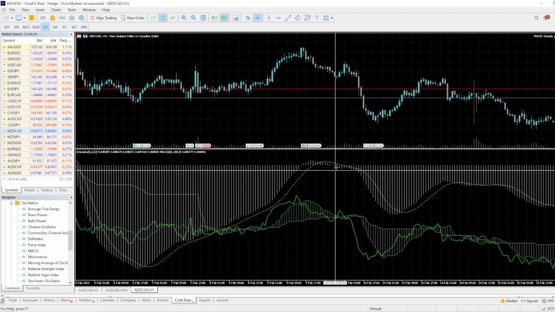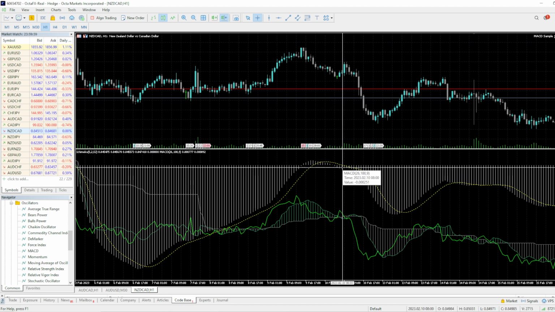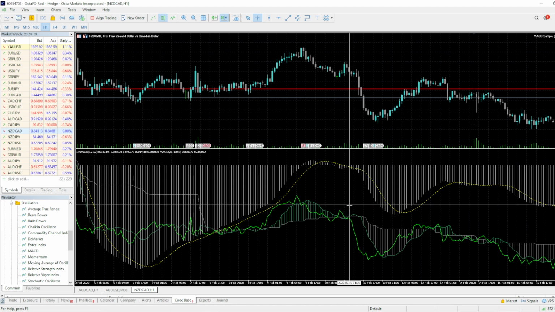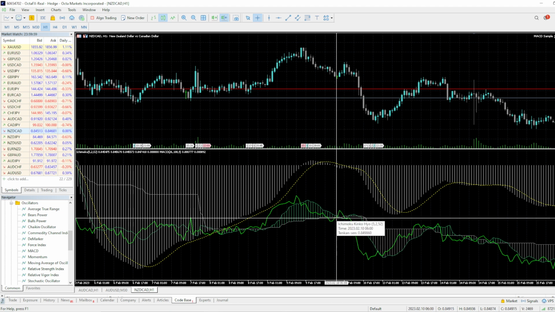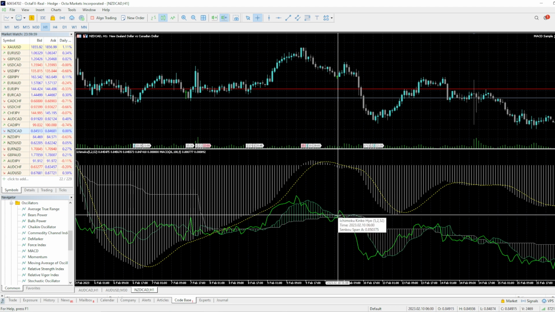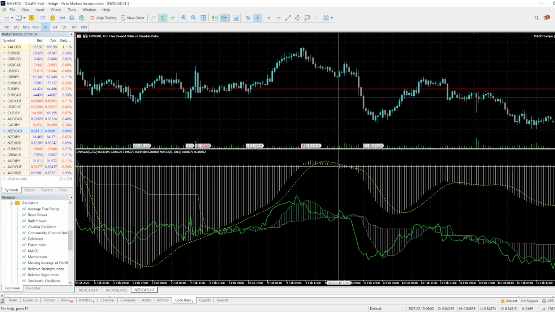The line should be to the downside. Now the line is to the downside, you can see. Then here the cloud goes up and the Chikou span goes up from the cloud, upside. No, you are not going to buy because the line is to the downside. Simple.